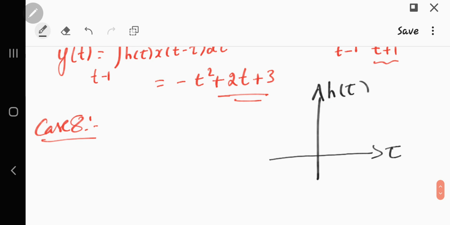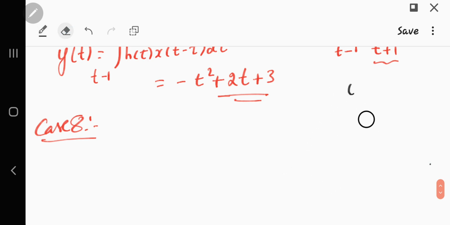This is h of tau. Okay, I will write the signal here only.